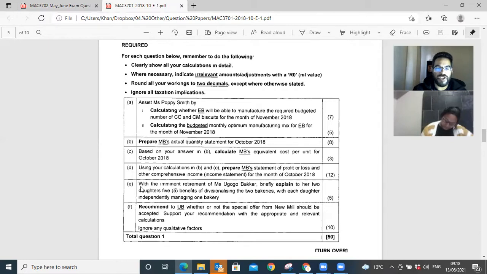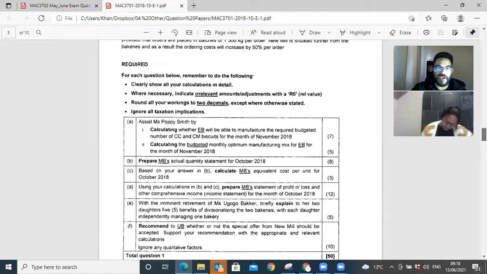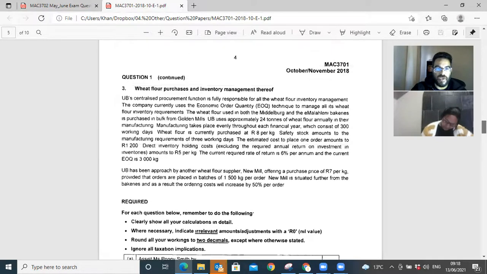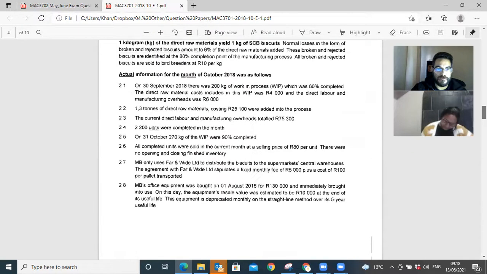Support your recommendation with appropriate and relevant calculations. So this is relevant costing basically. Special orders are the principles of relevant costing. So we have a view of what is required. Let's move on to attempt the question.